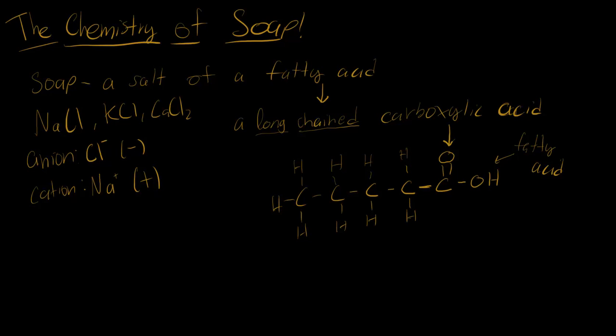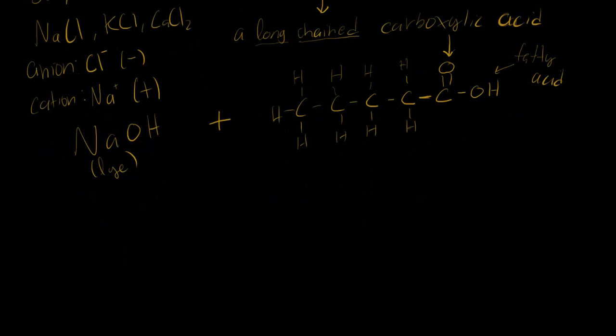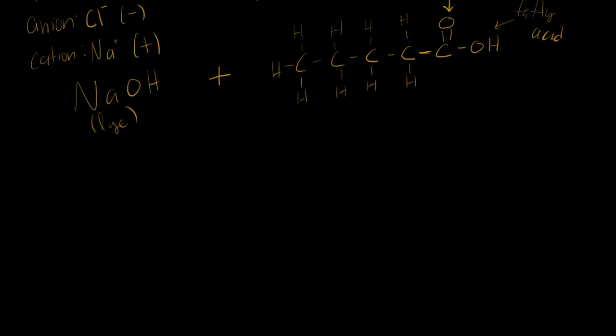But in the case of soap, how do we make a salt of a fatty acid? Well, we have to do something called an acid-base reaction. And to do this, we have to add NaOH, sodium hydroxide. And in soap making, that's historically called lye. So when we add this, what we get is a salt. Let's see what that salt looks like.